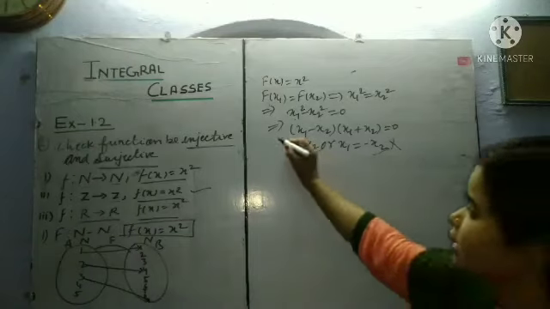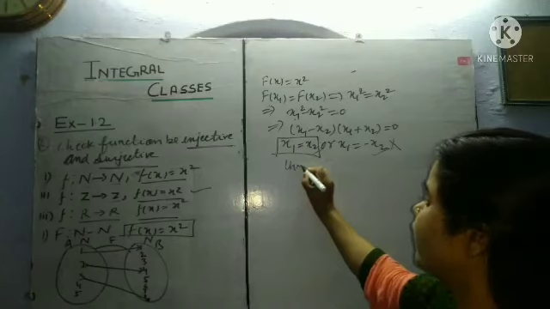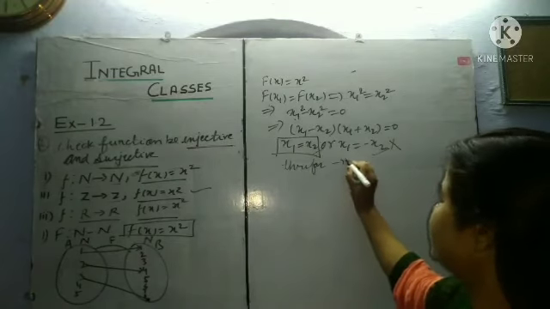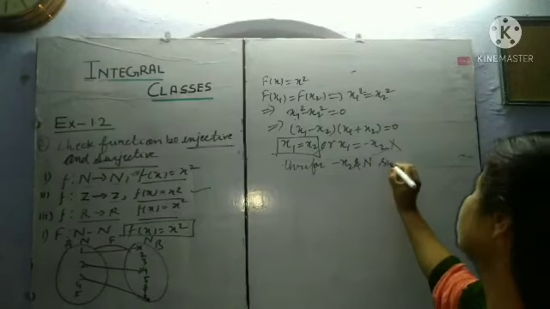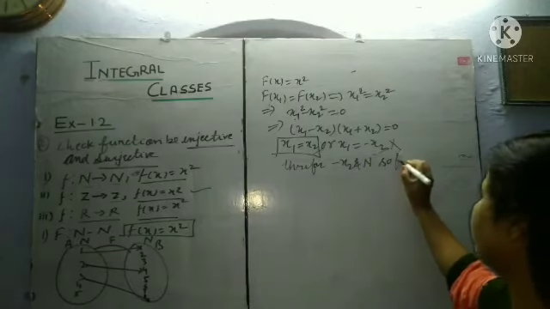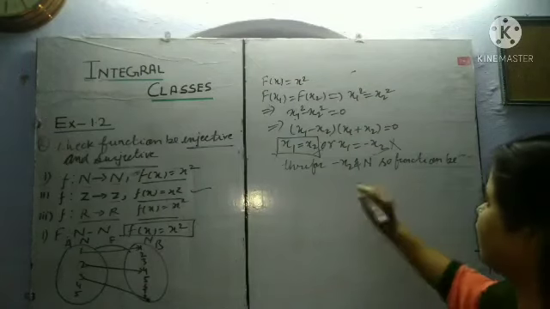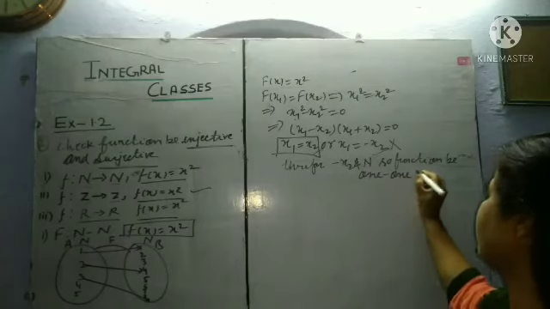So we will consider only the first value. Therefore, we write minus x2 does not belong to N. So the function is one-one, it means injective.